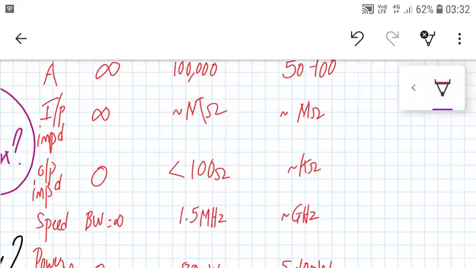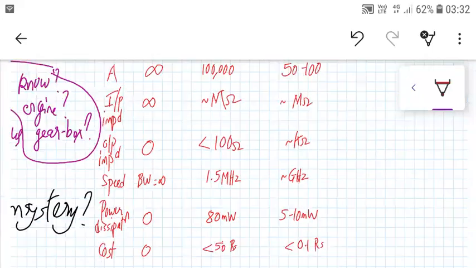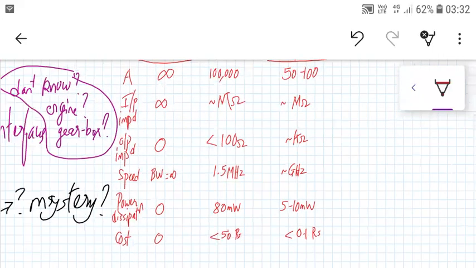Output impedance for ideal is around 0. For 741 it's around 100 ohms, and for modern integrated op-amp the output impedance is around a few kilo ohms. Speed, which is very important, is the measure of how fast the op-amp is.